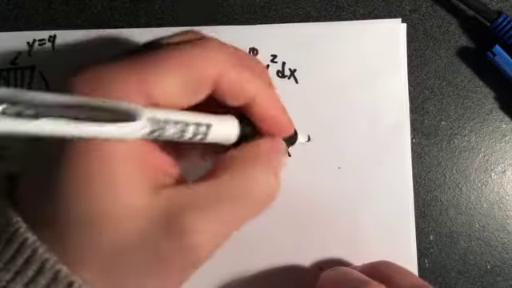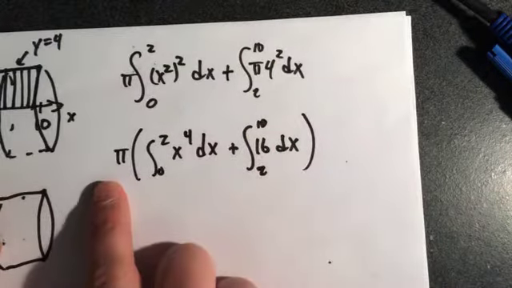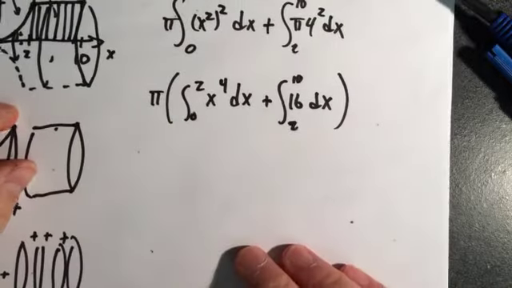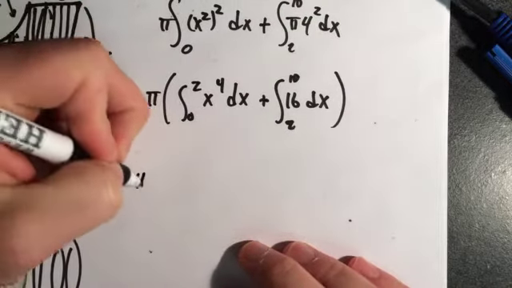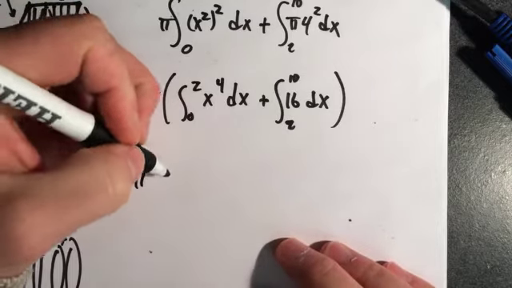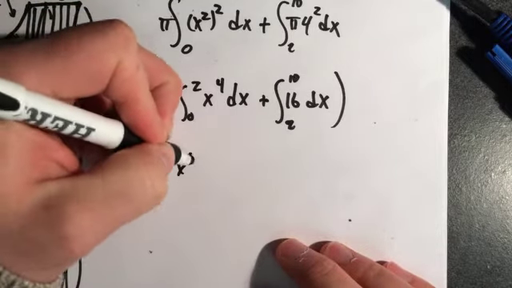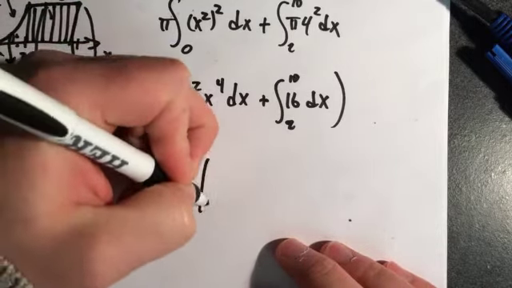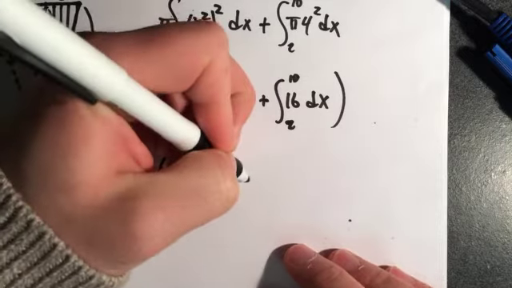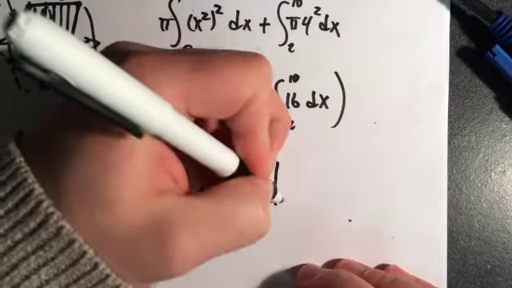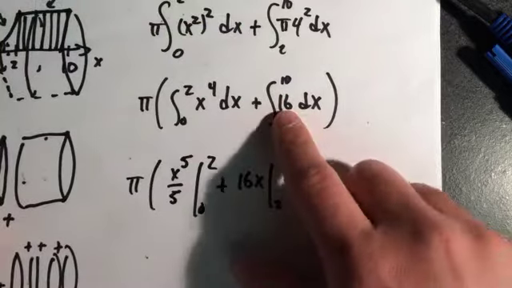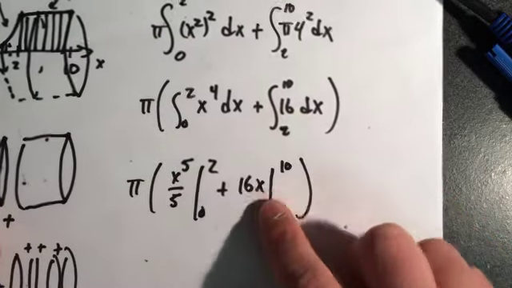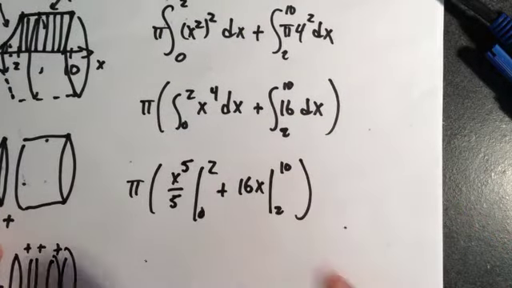And notice I pulled the pi out of both of these because they both had one, so I just pulled it out in front of both integrals. And now we'll finish the integral off here. So this becomes x to the 5 over 5 from 0 to 2 plus 16x from 2 to 10. Remember, this is x to the 0 here, so it goes up to x to the 1. This is x to the 4, it goes to x to the 5.